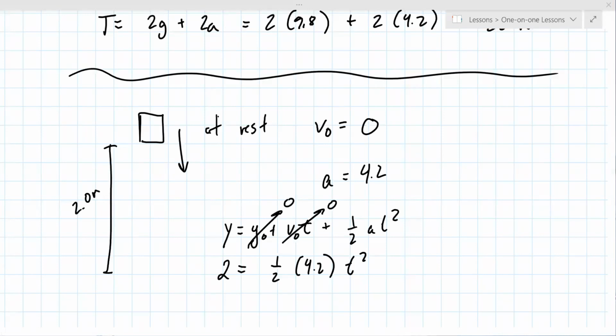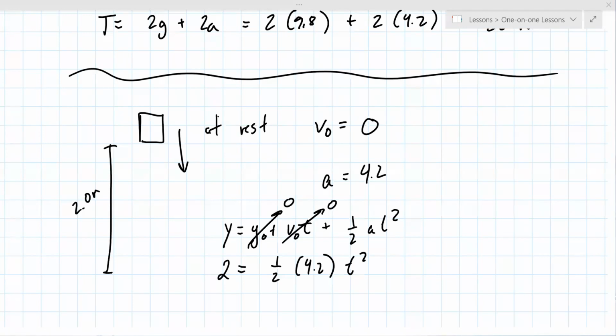1/2 times 4.2 is 2.1. So 2 divided by 2.1, and the square root of that, is the square root of 0.95, which should end up being 0.9759 or something. That sounds right.